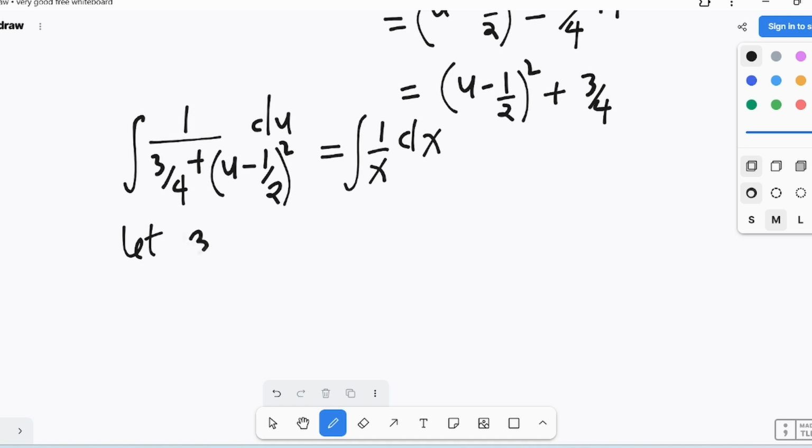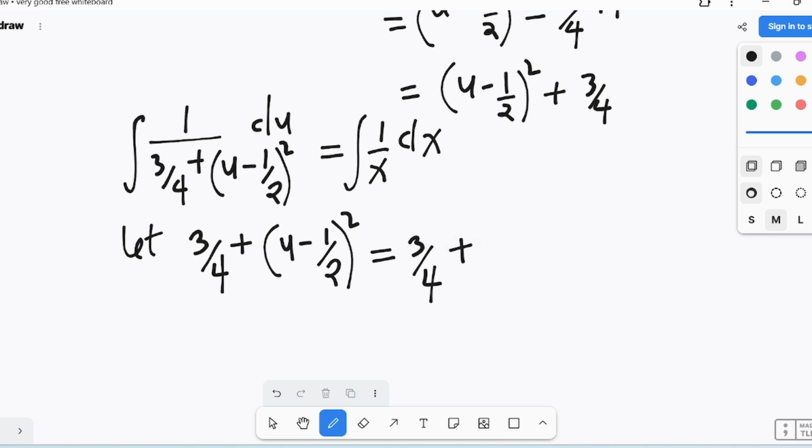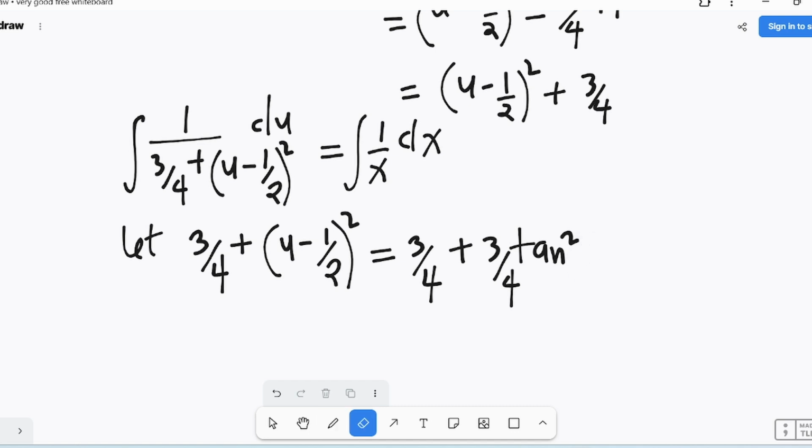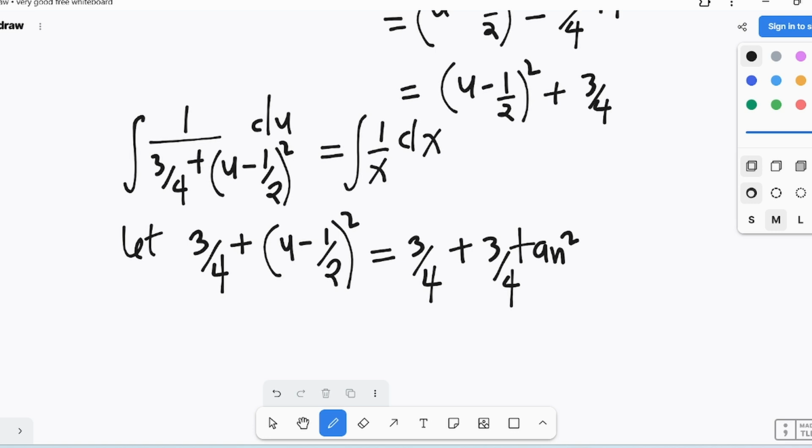So we have 3 out of 4 plus (u minus half) squared is equal to 3 out of 4 plus 3 out of 4 tan squared. Since we are using u, we can call this angle something else. Suggest a letter in the comment section, but we can call it p for example. Tan squared p.